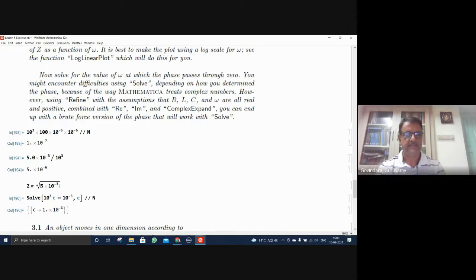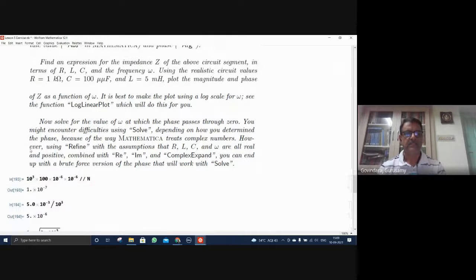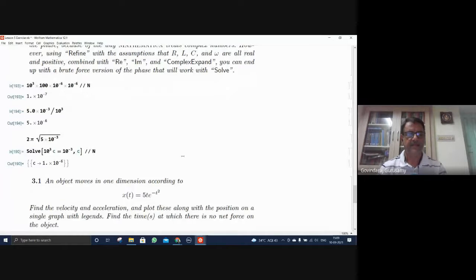And then the C value is, how much? It is 100 microfarad. So I'll put again 100, 10 power minus 6, and again 10 power minus 6.